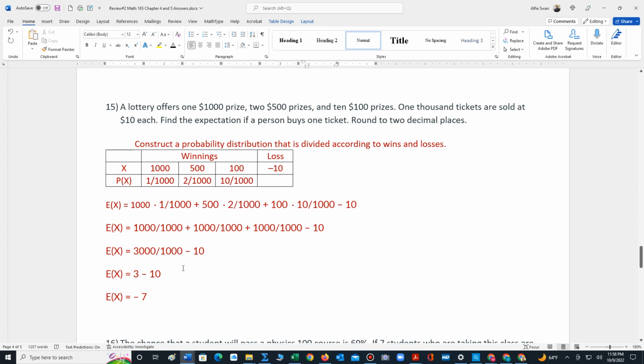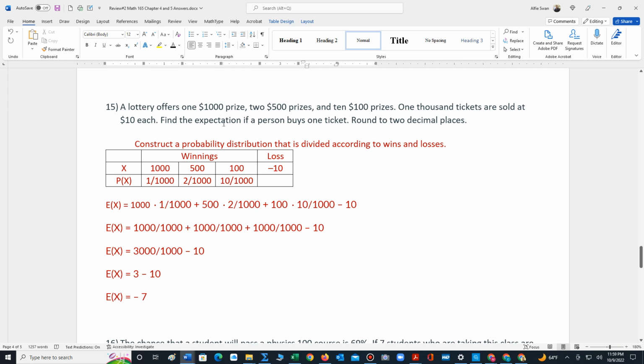Number 15, we're computing the expected value. It states the following. A lottery offers one $1,000 prize, two $500 prizes, and 10 $100 prizes. 1,000 tickets are sold at $10 each.